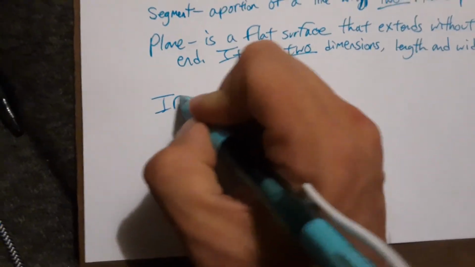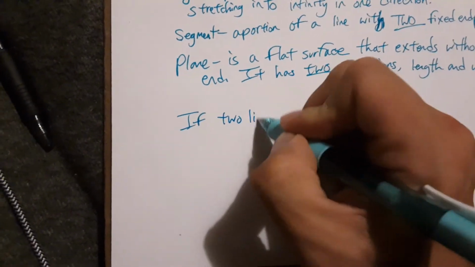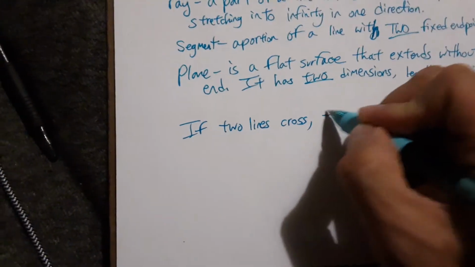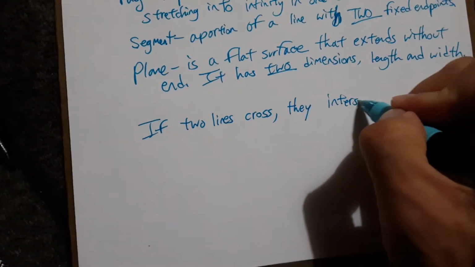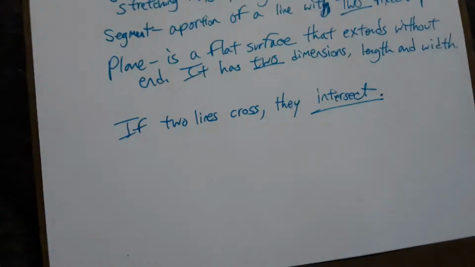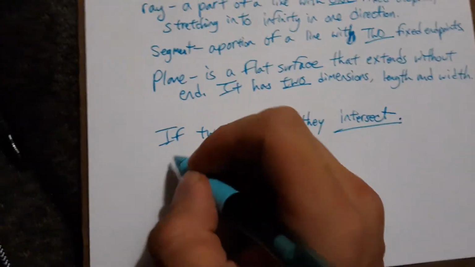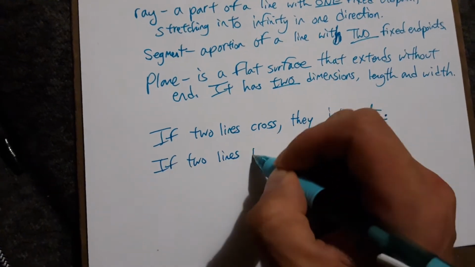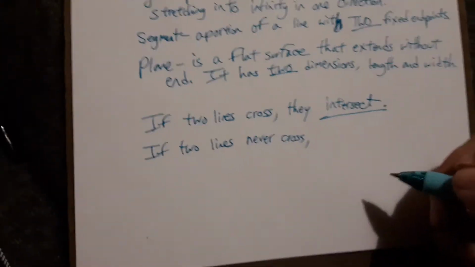Okay, if 2 lines cross, we say they intersect. Okay, and I'm going to give you some examples of intersecting lines here in just a second. If 2 lines never cross, we call them parallel lines.